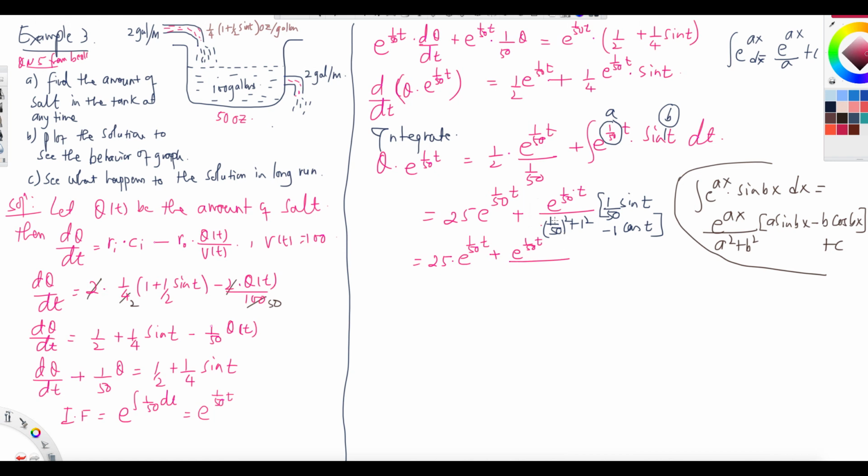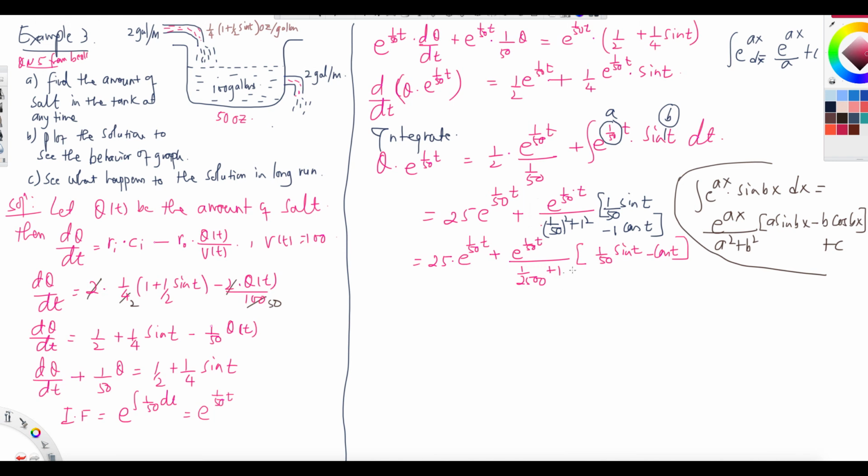That will be 1/2500, right? 1/2500 and then plus 1, okay? So you get 1/2500 plus 1, right? And then inside the bracket there is 1/50 sine t minus cosine t. That's what you get, okay?